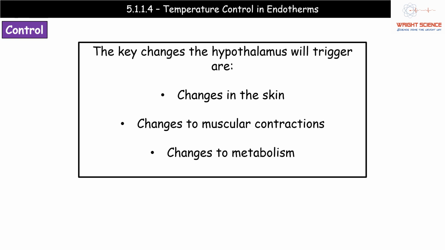In terms of what we're going to see as a result of the hypothalamus sending these signals, whether it be hormonal or neuronal, we're going to get changes in the skin, as we've already looked at in those examples, changes to the muscular contractions, and metabolism changes as well. And all of those things together are going to allow us to maintain a narrow range of acceptable temperatures within the endotherm's body.